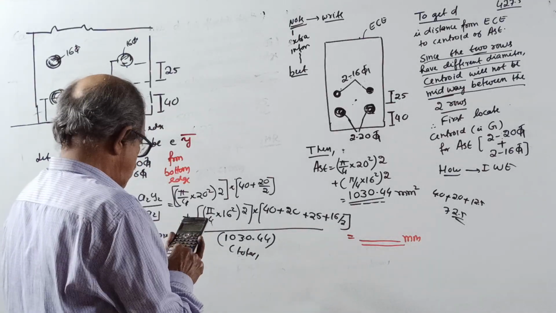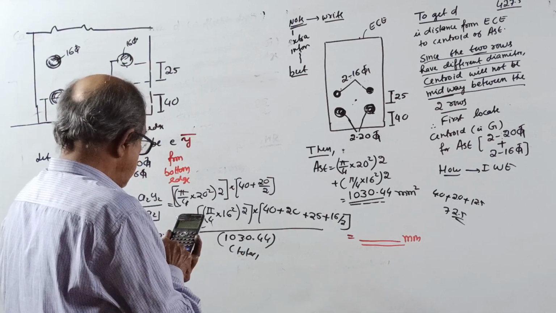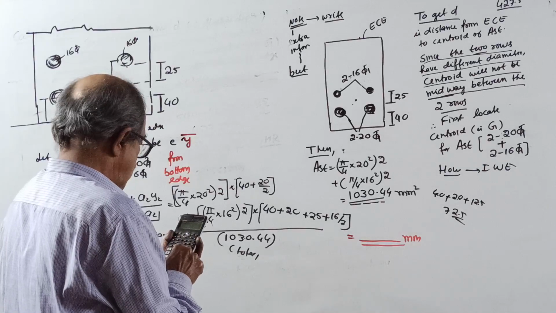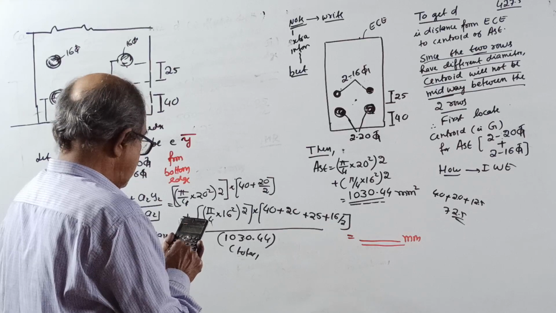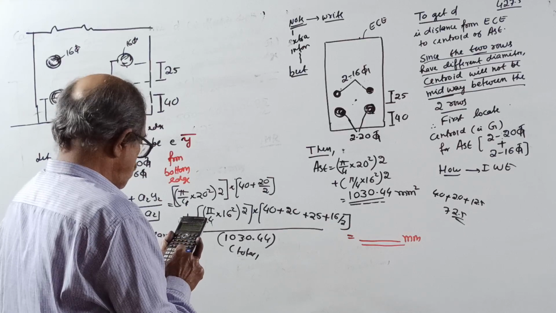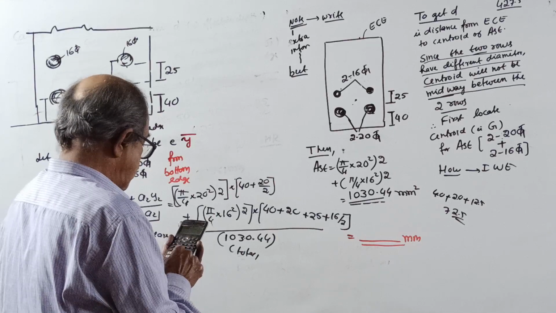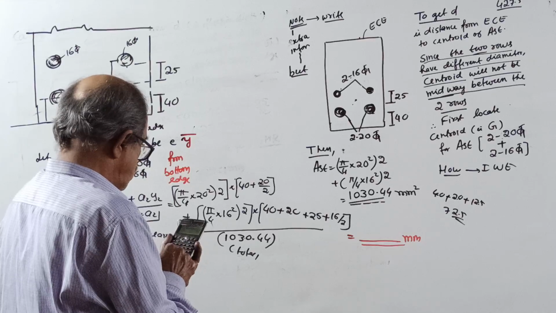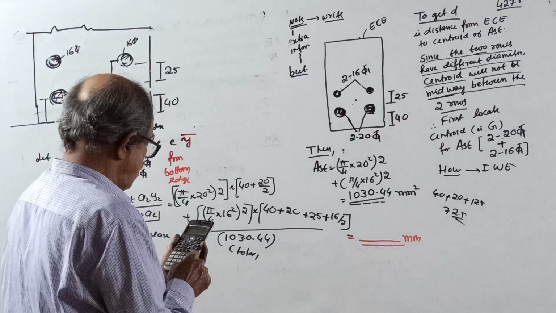I had calculated now. Pi by 4, calculator not working properly. Pi by 4 of 20 square into 2 into bracket 40 plus 10, close the bracket, equal to plus bracket open, pi by 4 of 16 square into 2, that's all.